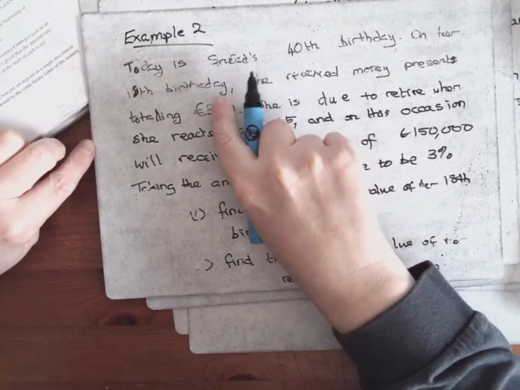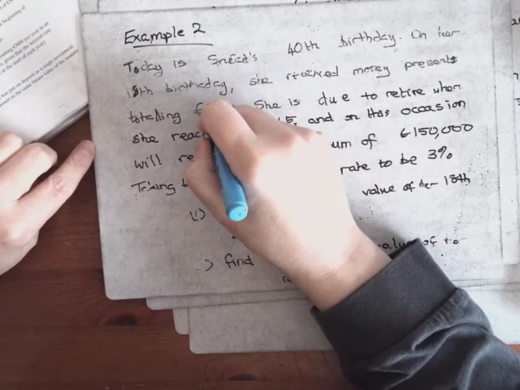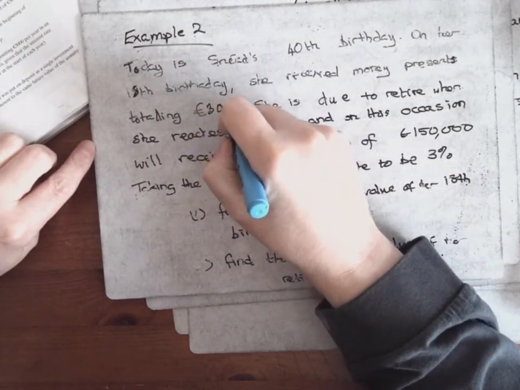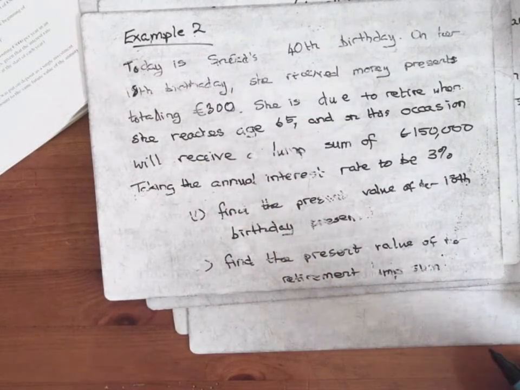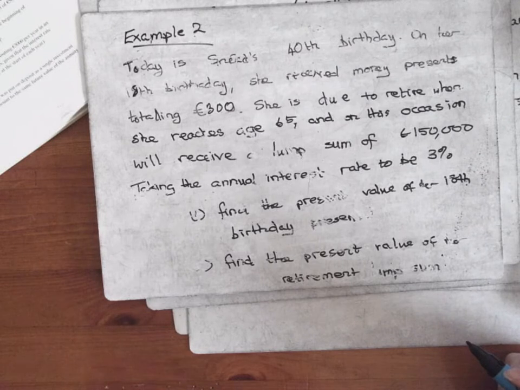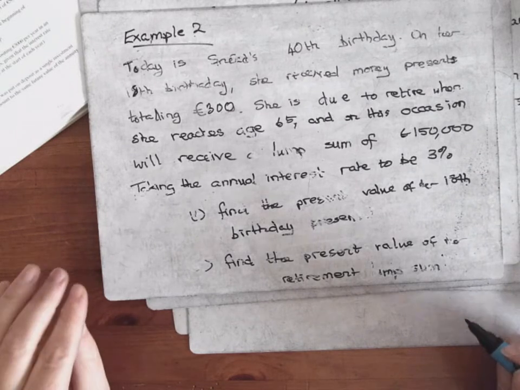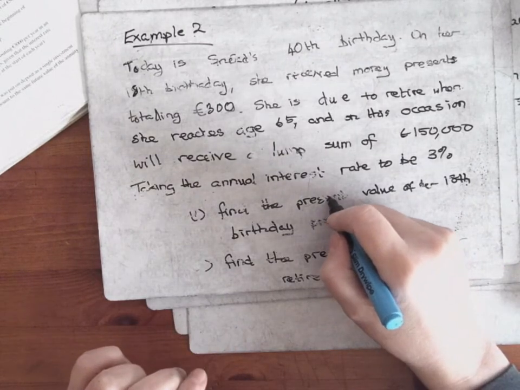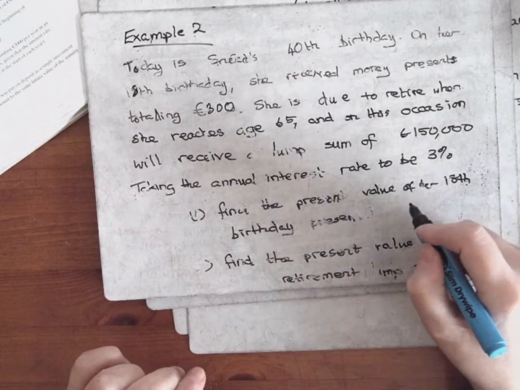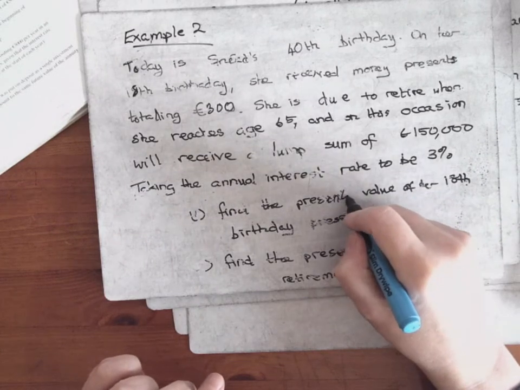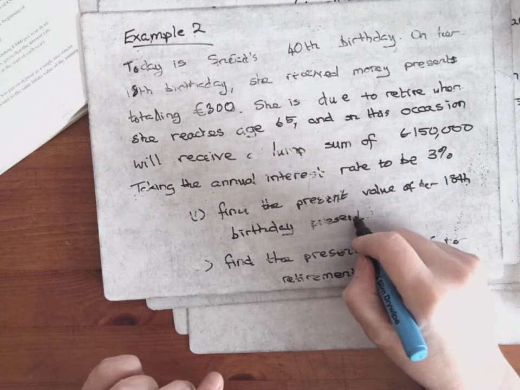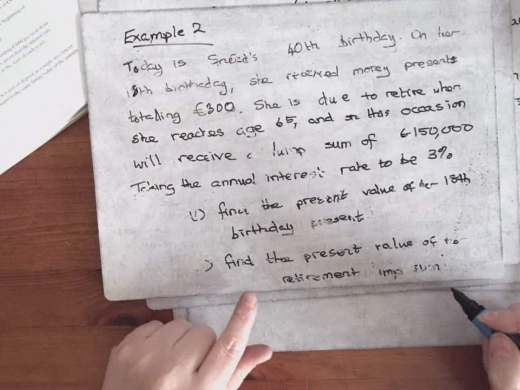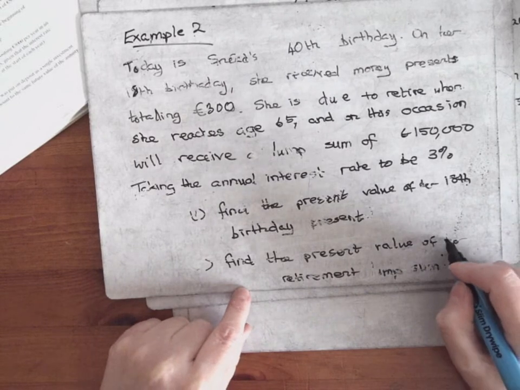She is due to retire when she reaches age 65 and on this occasion will receive a lump sum of 150,000. Taking the annual interest rate to be 3%, find the present value of her 18th birthday present and find the present value of her retirement lump sum.